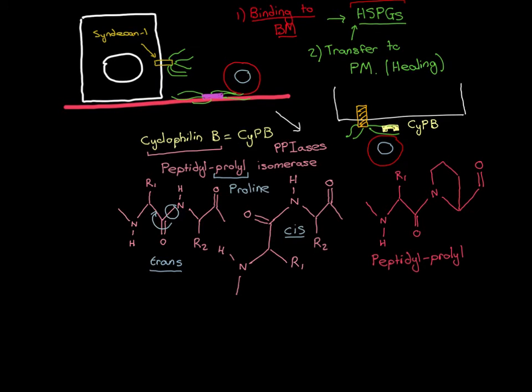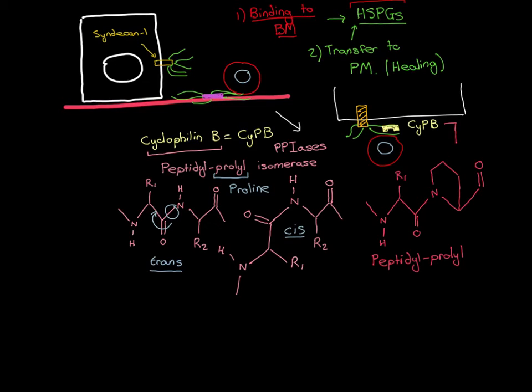So isn't this a wonderful thing? We have bound the virus to heparan sulfate proteoglycans on the surface of the cell membrane, and now they're brought directly into contact with cyclophilin B enzymes. And we think that cyclophilin B enzymes are responsible for helping in conformational changes in both the L1 and the L2 proteins.